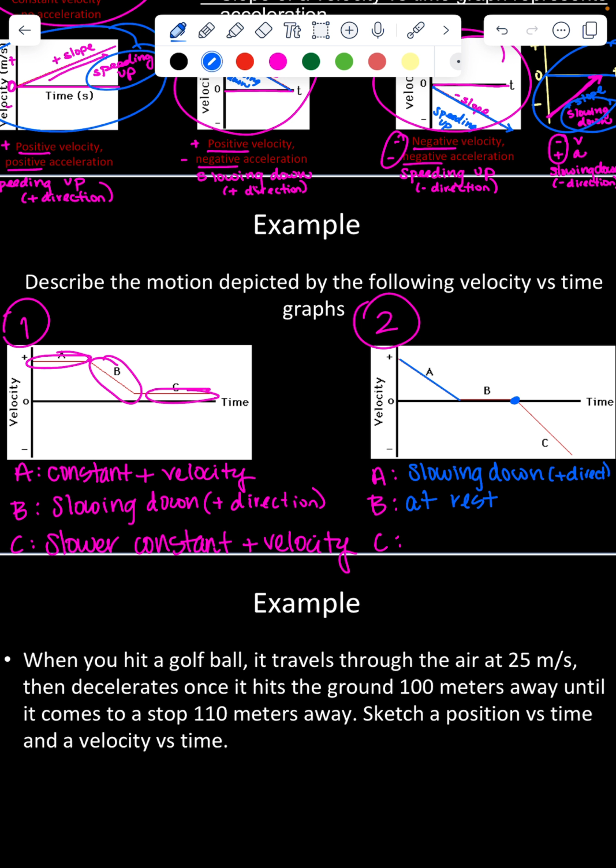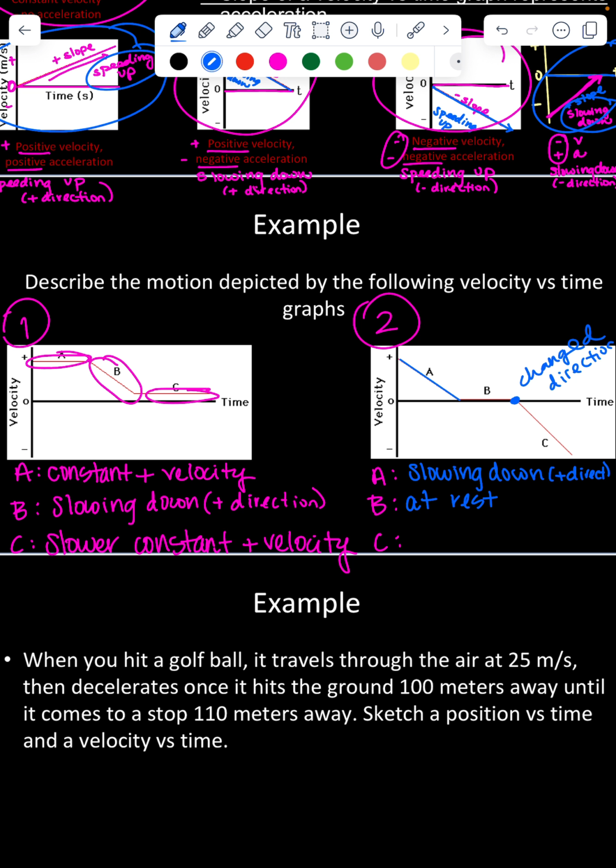Now, this point right here is super duper important. What we have done is we have crossed over that x-axis on a velocity versus time graph. If you ever cross over the x-axis on a velocity versus time graph, that means that you have gone from the positive direction into the negative direction. So that means that you have changed your direction.